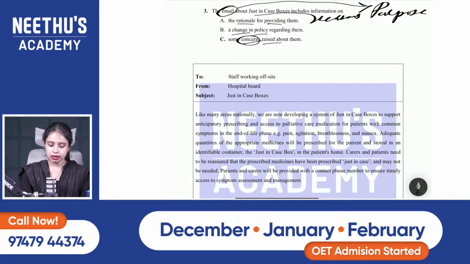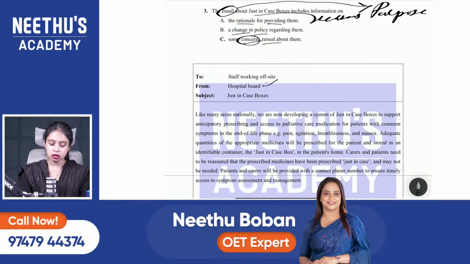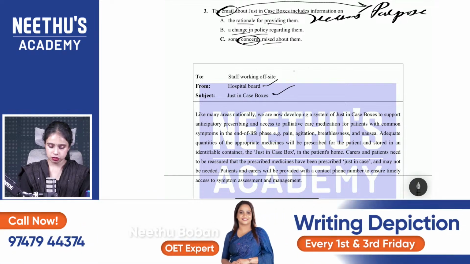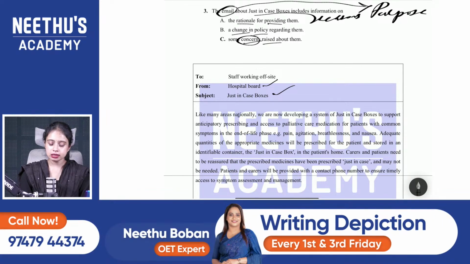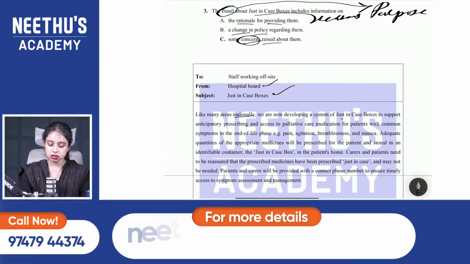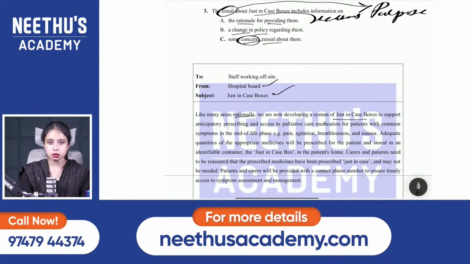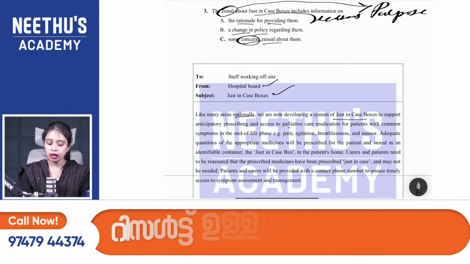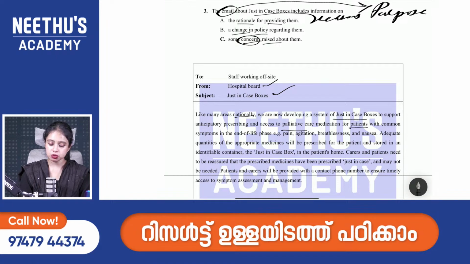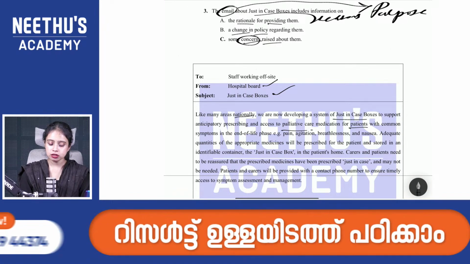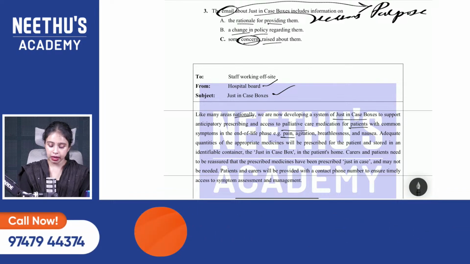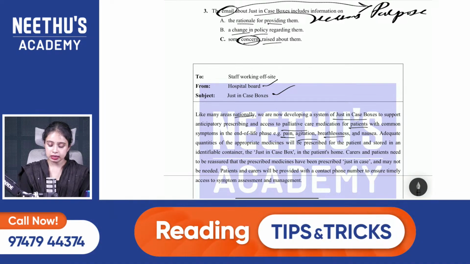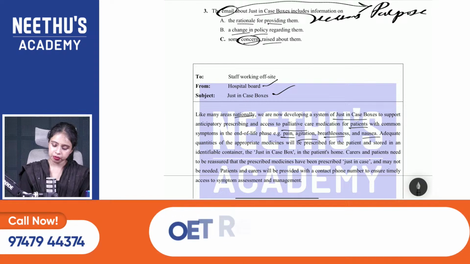And the material: staff working off-site from hospital board, subject just in case boxes. Like many areas nationally, we are now developing a system of just in case boxes to support anticipatory prescribing and access to palliative care medication for patients with common symptoms in the end of life phase, for example pain, agitation, breathlessness and nausea.